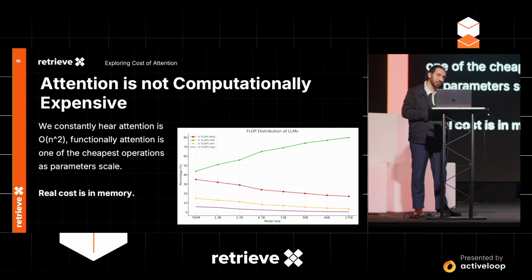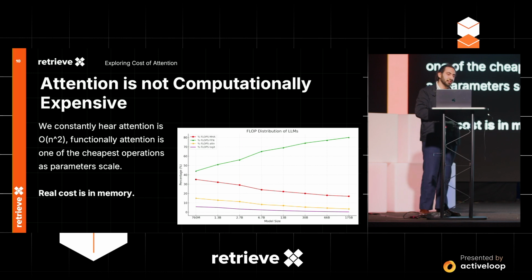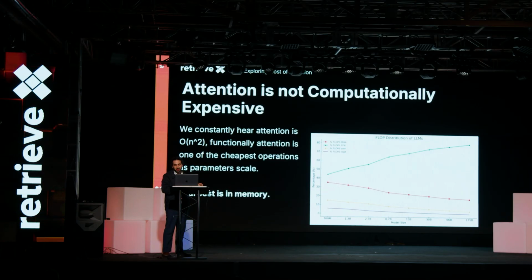So I think we constantly hear that, asymptotically attention is kind of O(n) squared, where n is your context length. But functionally, attention is actually one of the cheapest operations as you scale parameters. So this is a little graph I created from some very standard model sizes that were introduced in GPT-3 and then also subsequently used in the Llama series.